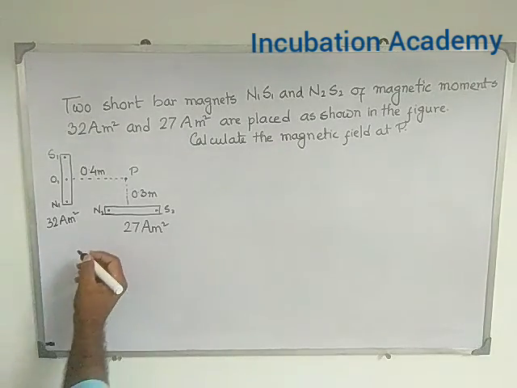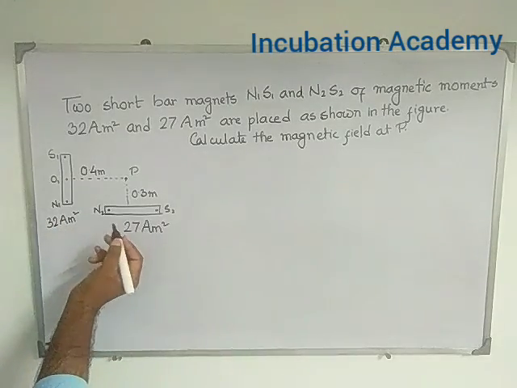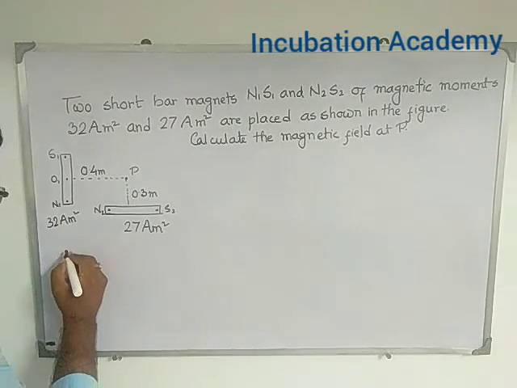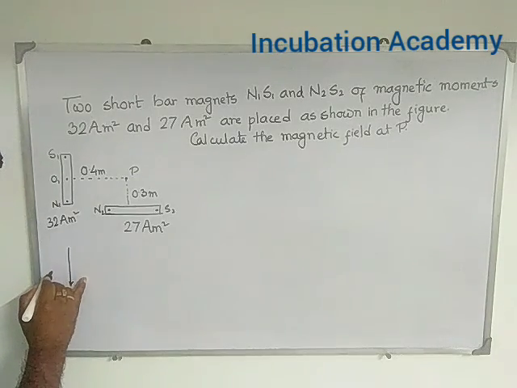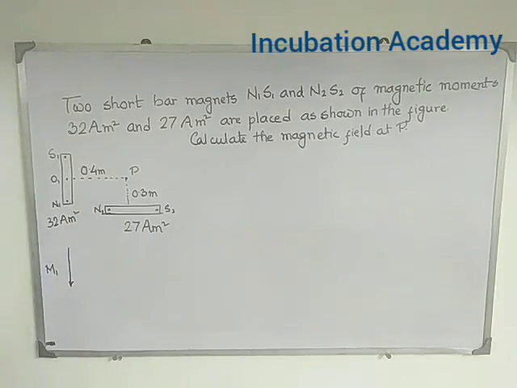If I just redraw this picture here, since the magnetic moment is directed from south to north, let us redraw this picture. So this is the magnetic moment M1, since it is the magnet N1S1.